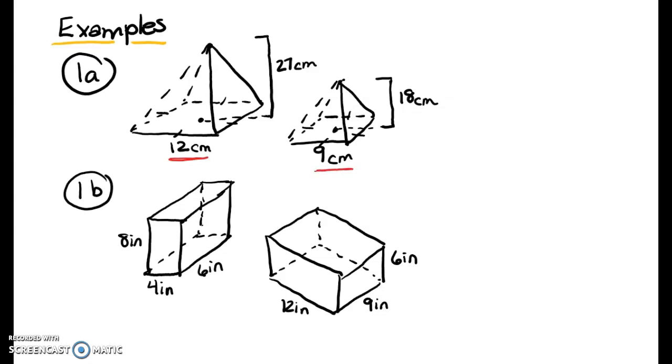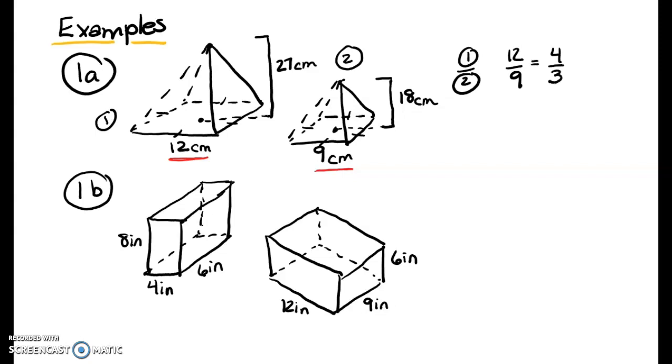This is my first and this is my second figure. I'm going to do my first figure over my second figure. Okay, so the base is 12 over 9, and when I reduce that, it reduces by a factor of 3, so I get 4 over 3.